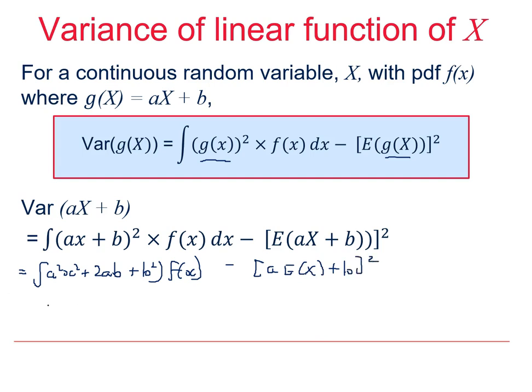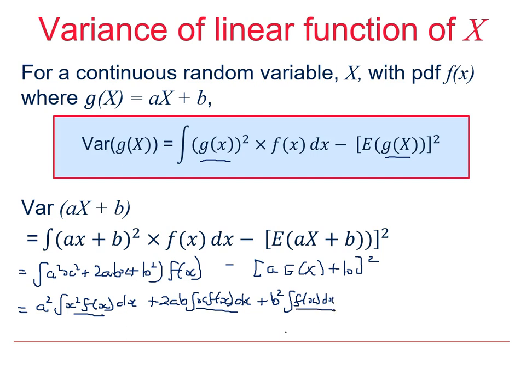Then this will actually turn into, and I'll let you have a go at that, a squared times the integral of x squared f(x), which is clearly E(x squared), plus 2ab times the integral of x f(x), and that's just E of x, plus b squared multiplied by the integral of f(x) dx, and we know that equals 1, and then minus a squared (E of x) all squared, minus 2ab E of x, minus b squared.